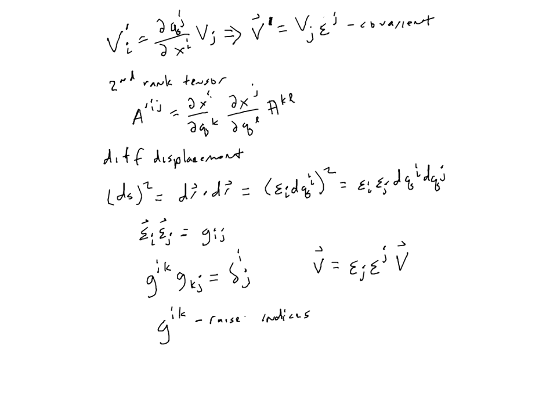It has the magical power that it can turn a covariant vector into a contravariant vector, whereas the metric lowers indices. It can turn a contravariant vector into a covariant vector.